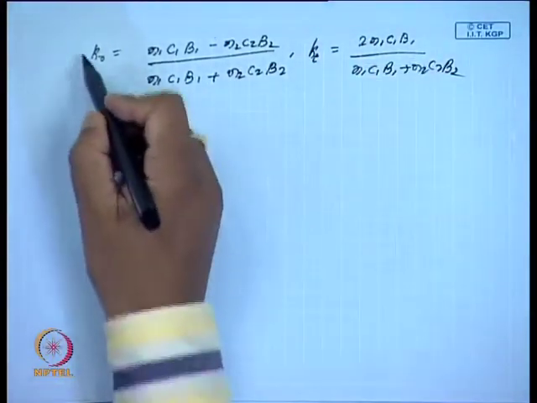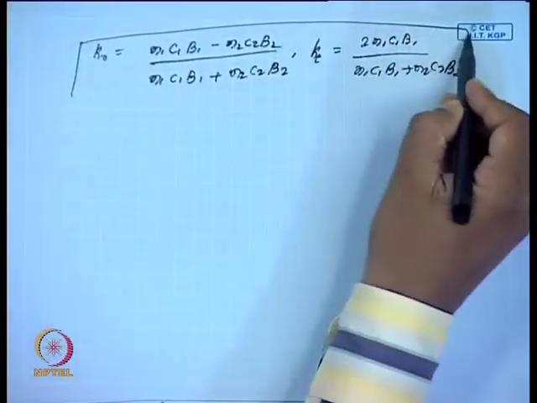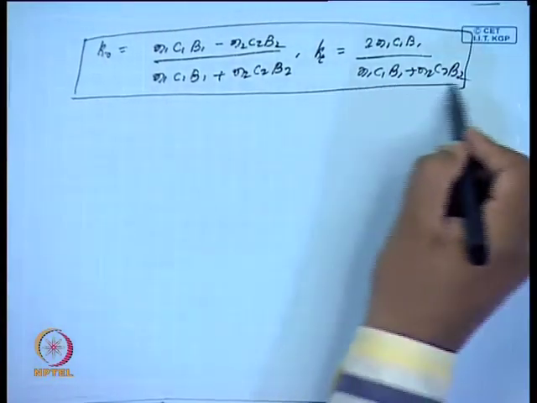In fact, this is the general relation for the reflection and transmission coefficient when there is an abrupt change in geometry.